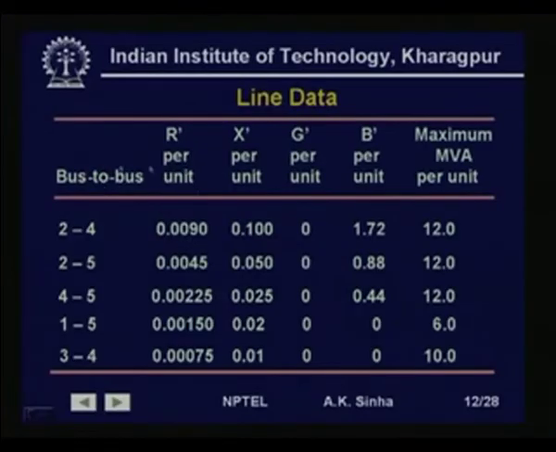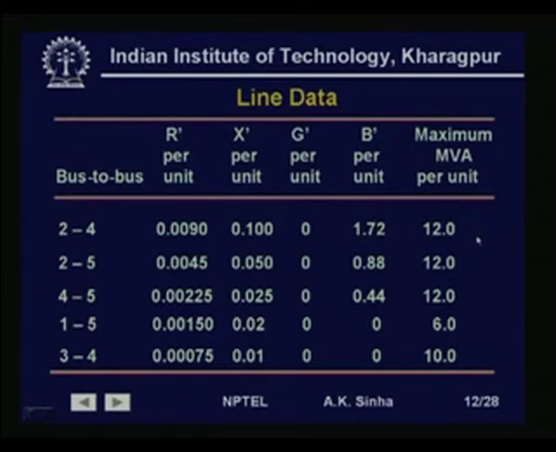So, for this system, for the line between bus 2 and 4, resistance is given as 0.0090, reactance is given as 0.10, and the susceptance is given as 1.72, that is the line charging susceptance.